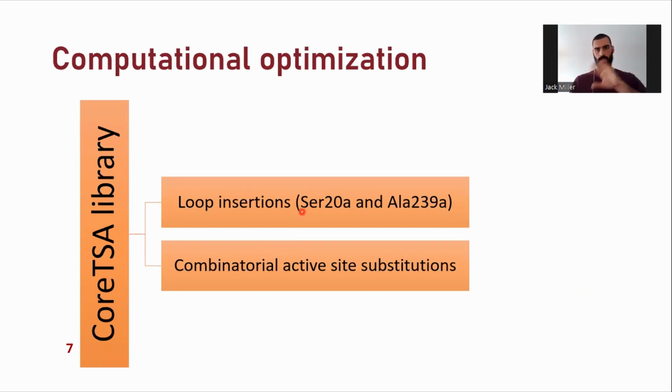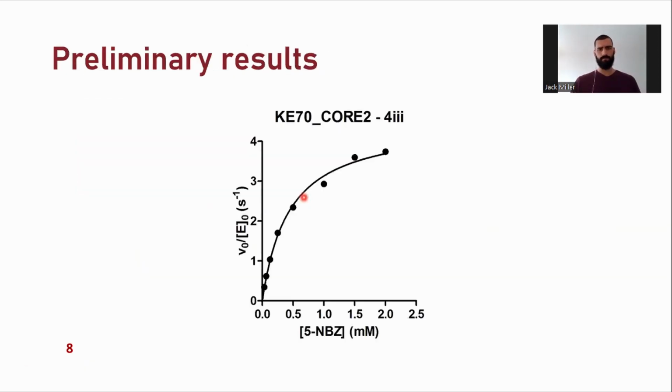We put them into the initial Ke70 design, and then combinatorially did substitutions of all the active site residues that were found to have been mutated in the directed evolution of that R6 variant from the 2011 paper.